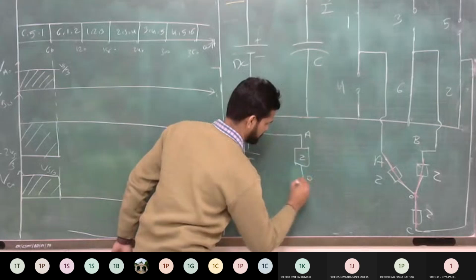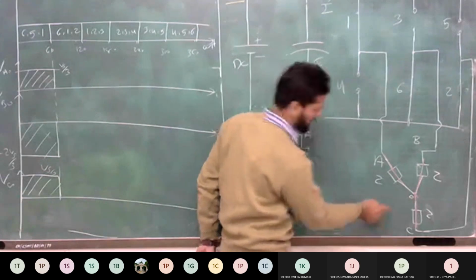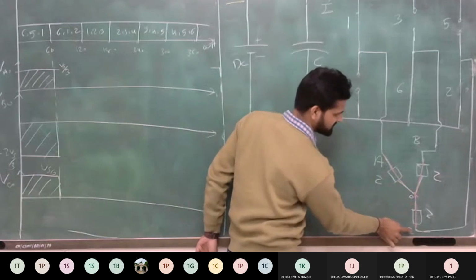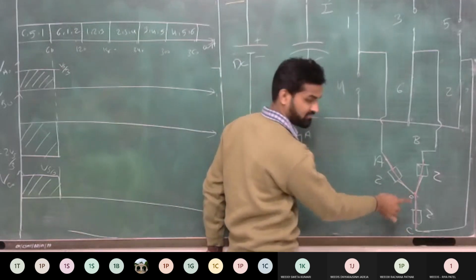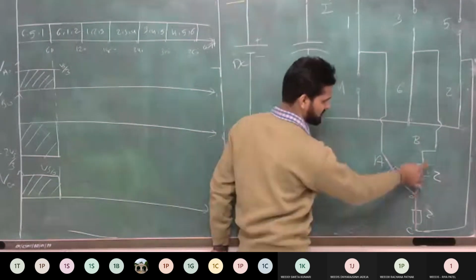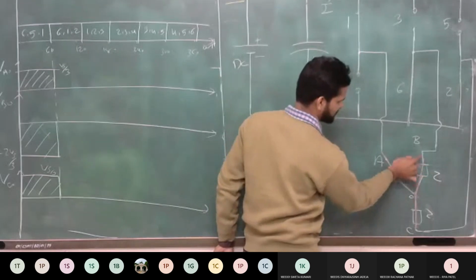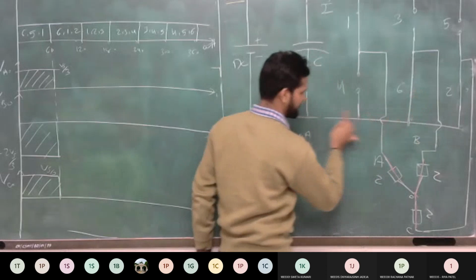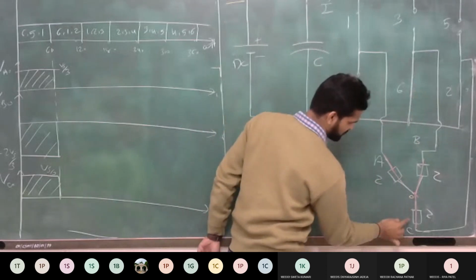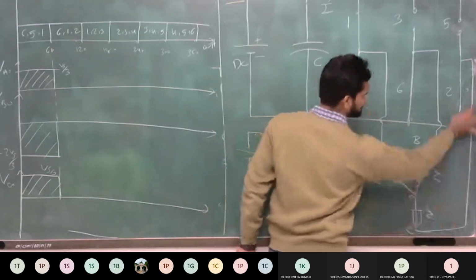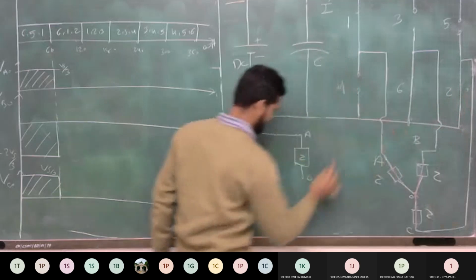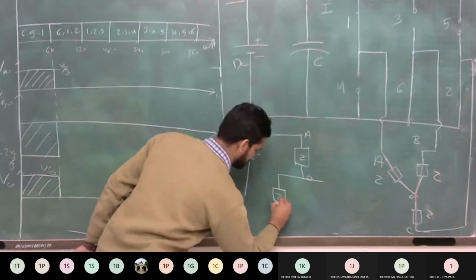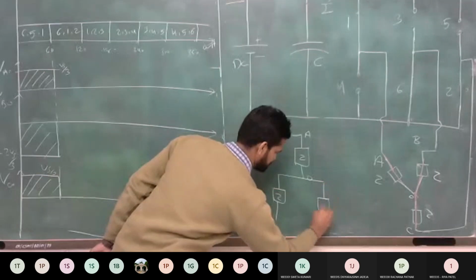From this neutral point, the current is divided into 2 parts: one flows into phase B and another flows into phase C, each carrying half of the supply current, I by 2. One current flows into phase B, then thyristor 6 and negative. The other current, I by 2, flows into phase C, then thyristor 2 and negative. If you draw the equivalent circuit, it will look like this.